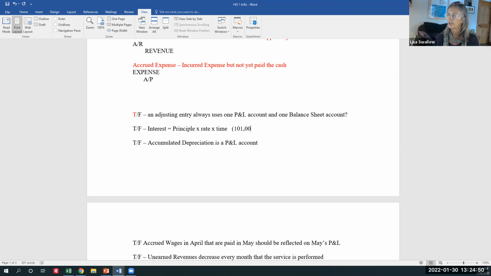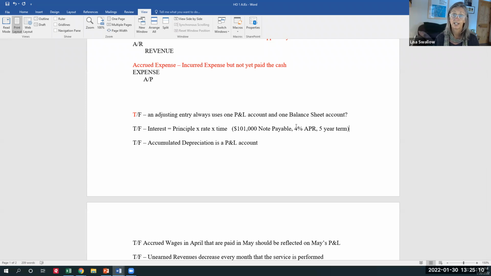Note payable. Okay, so that's how much I owe somebody. I just borrowed $101,000. It's got a 4% annual percentage rate, and it's got a 5-year term.